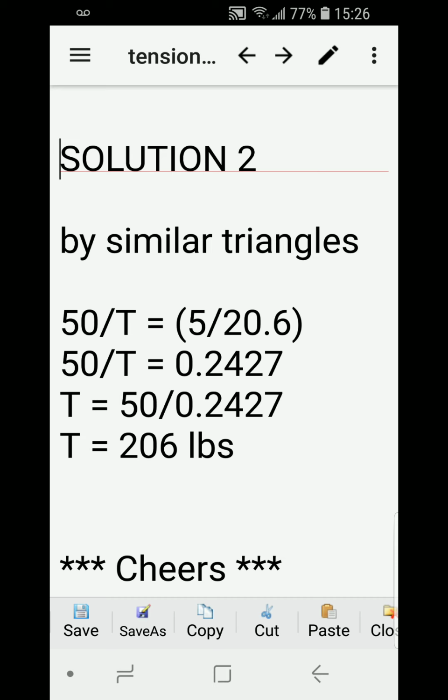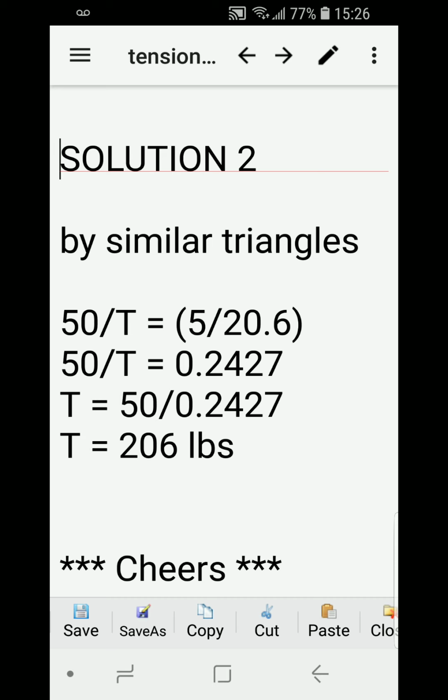So 50 pounds is to T, the unknown tension, is equal to 0.2427. Rearranging the equation, we find T is equal to 50 divided by 0.2427. We find T is equal to 206 pounds.